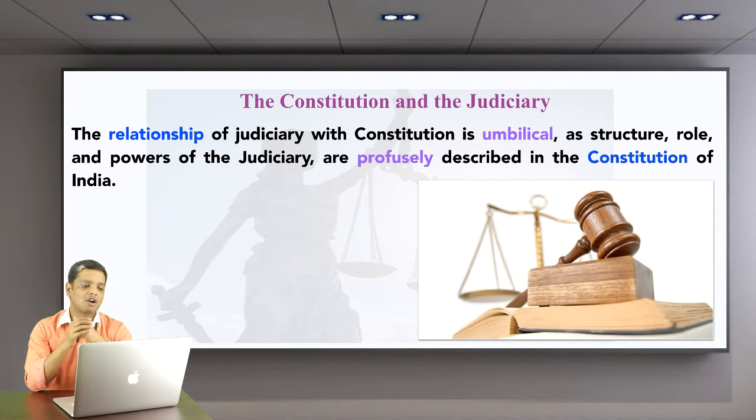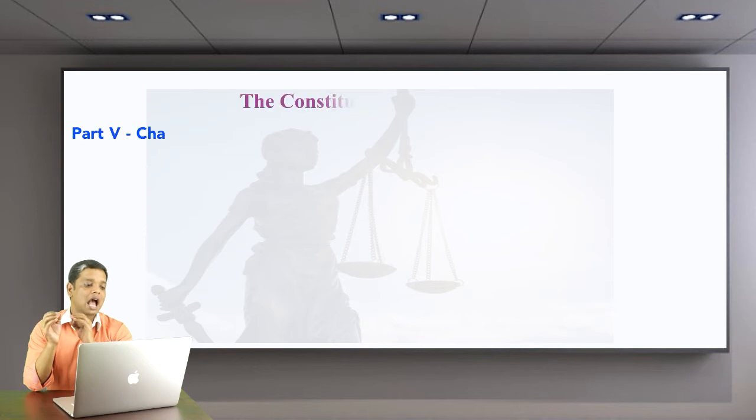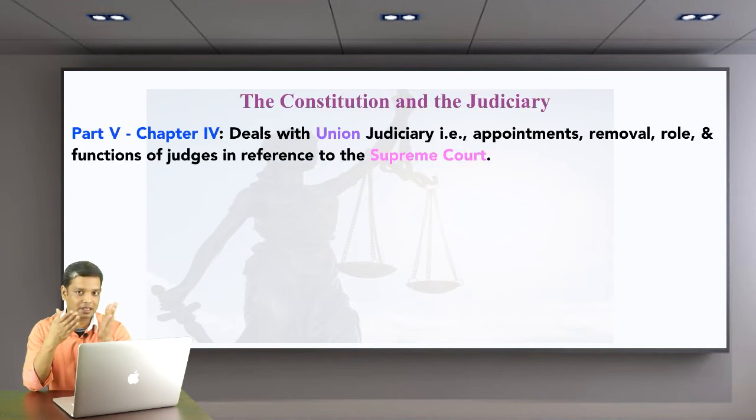The second point, the constitutional provisions that specifically deal with the judiciary's structure, role, power, functions and appointments of judges are, just take the brief, how it is arranged in the constitution. Part 5, chapter 4 deals with the union judiciary, that is appointments, removal, role and functions of judges in reference to the Supreme Court.